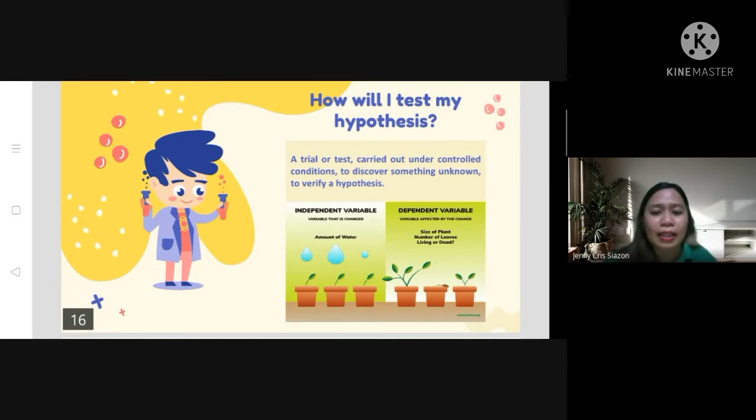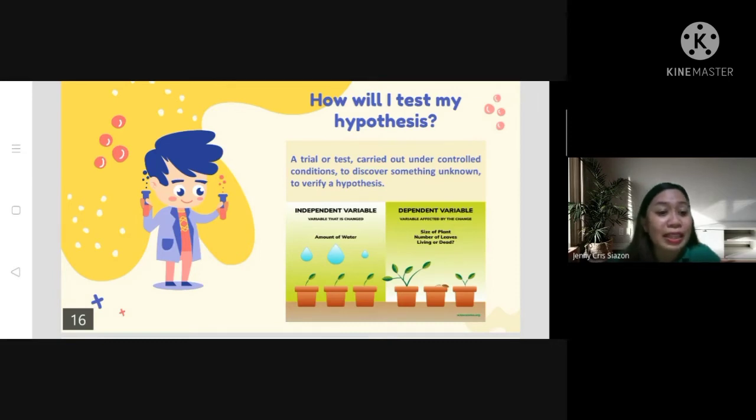So, nakita natin na for plant A ay talagang nag-grow ng napakalaki. Sa plant B na merong high amount of water, anong naging effect? Namatay yung plants. For plant C na least amount of water, nag-grow siya pero maliit.